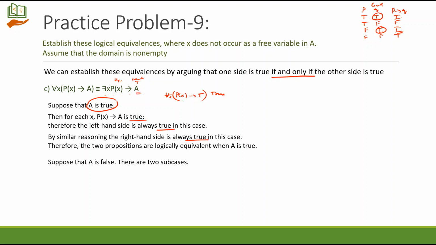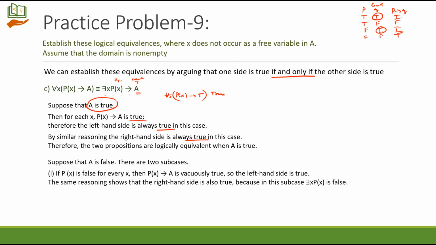When you take A to be false, there are two subcases. Let's take Q is equal to false. At that time, if P is equal to true, then we will have false. If P is equal to false, then we will have true. There are two cases. So first we will consider if P of x is false. We are going to consider this as the first case. Then P of x implies A is true.